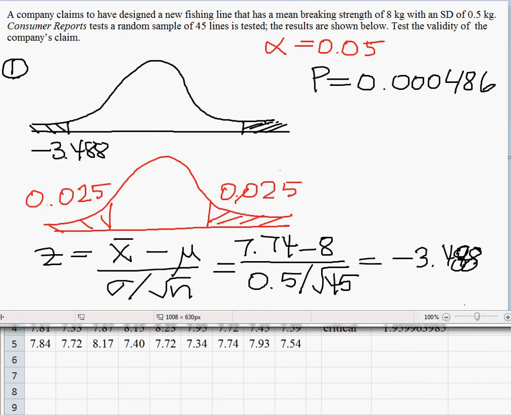Now, clearly, I don't need to do both of those things. I just need to do one of them, and then the other one will be the negative of what we just found. So the critical values work out to be plus or minus 1.96. Okay, so there's the cutoffs. I reject if the z-value falls in the rejection region. In this case it does. Negative 3.488 falls in the left rejection region.